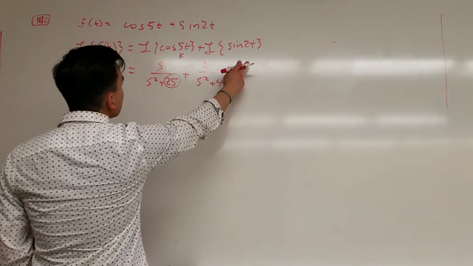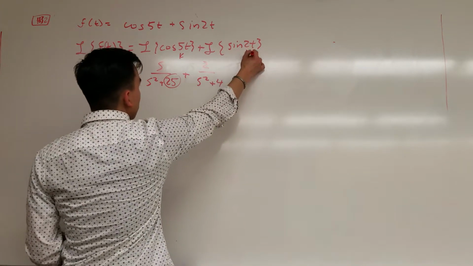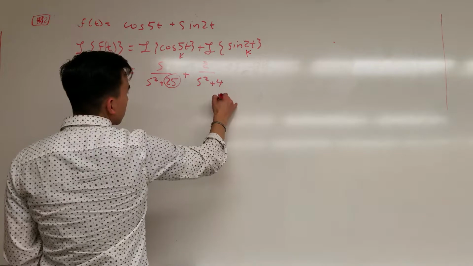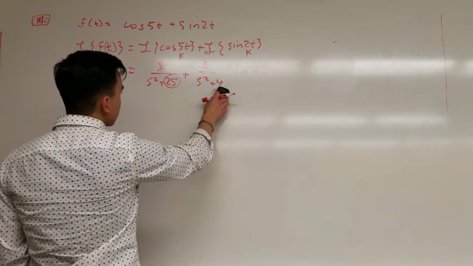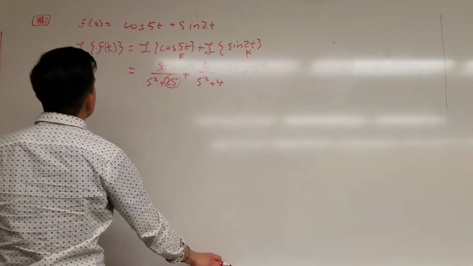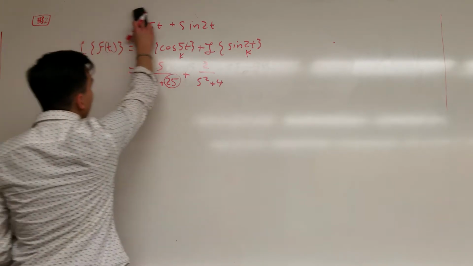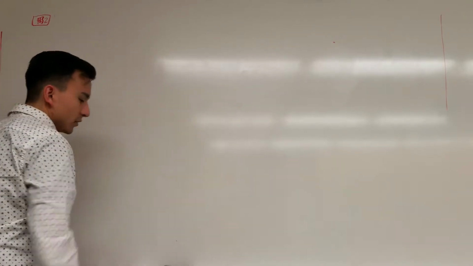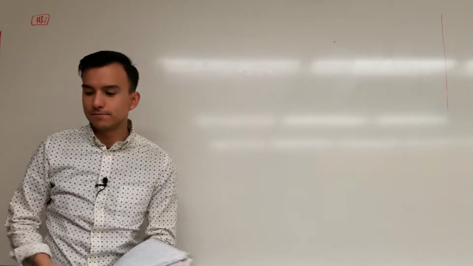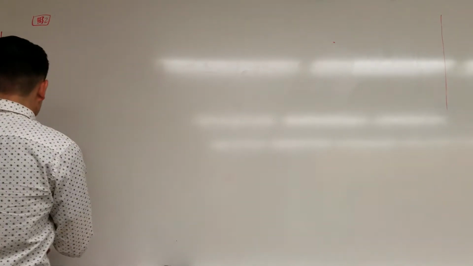Same thing here. This is our k, and now it's k squared, which is 4. Okay? Great, that one's pretty fast. And most of these problems will seem fast because they are quick and easy. Because this is a quicker way to solve these differential equations.